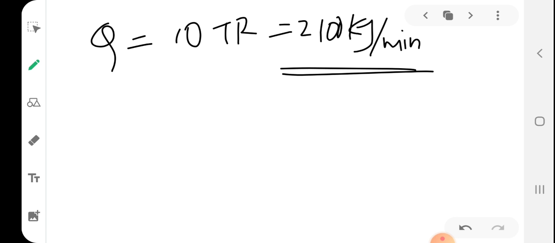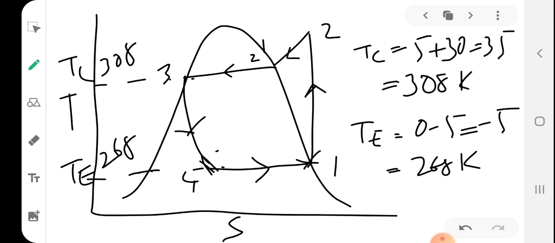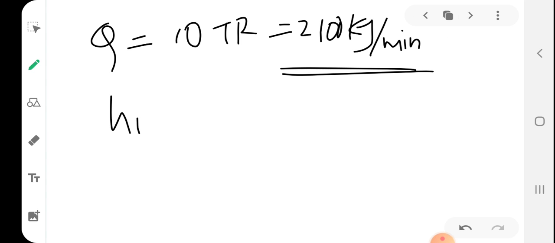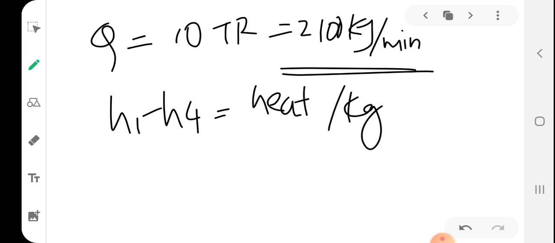So this is the refrigerating effect, or the refrigerating capacity. It is actually H1 minus H4, the heat transferred per kilogram.